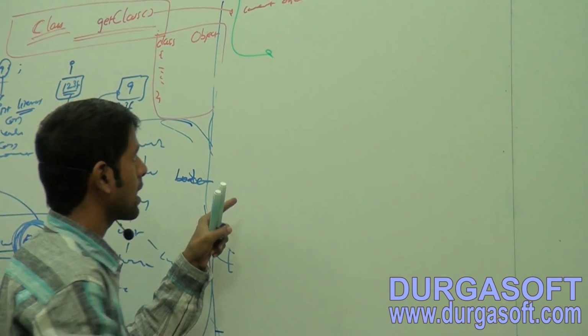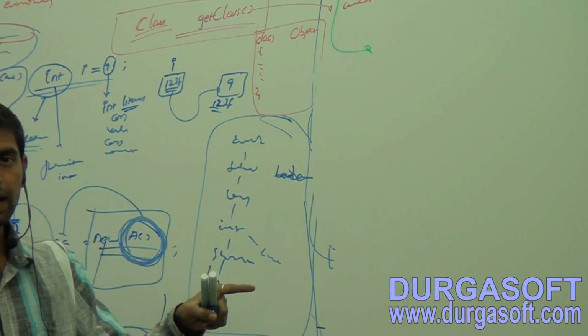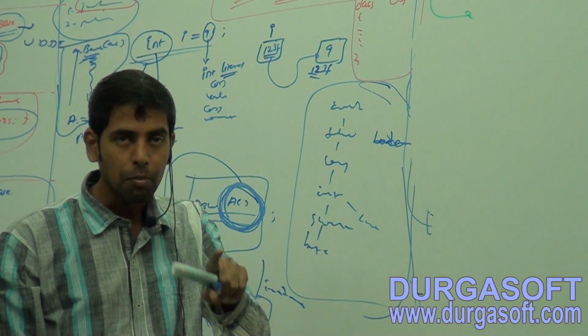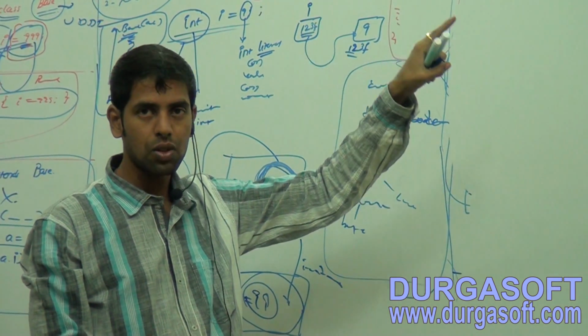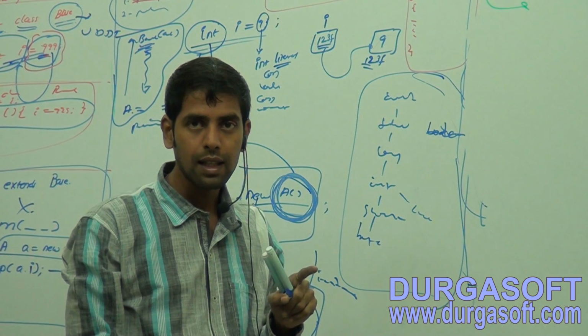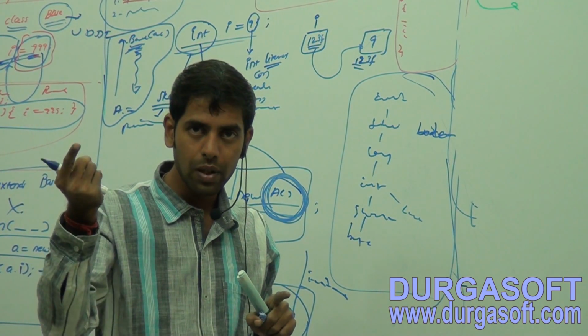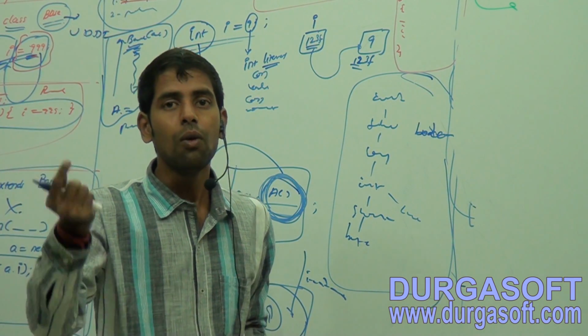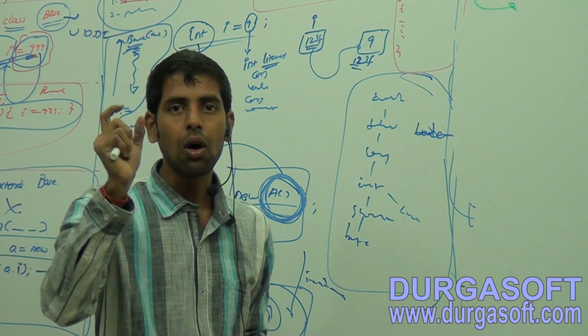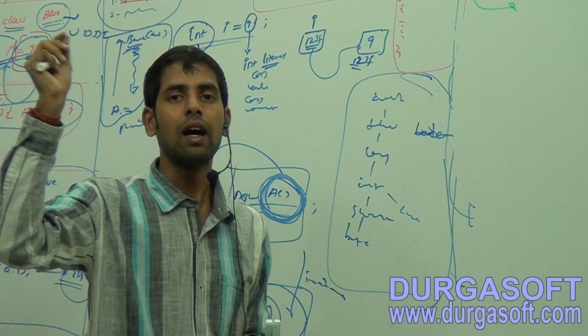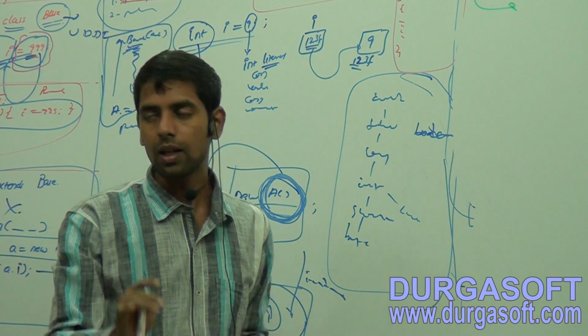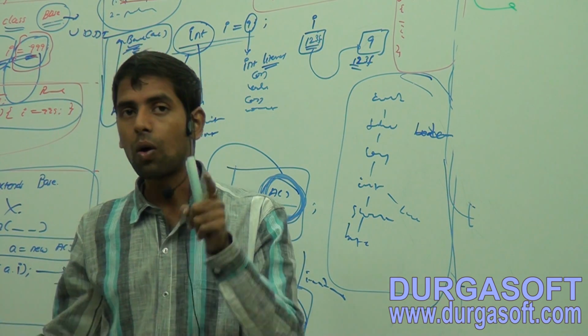An abstract class constructor will be maintained within the abstract class for child class object creation, and it will execute at child class object creation.